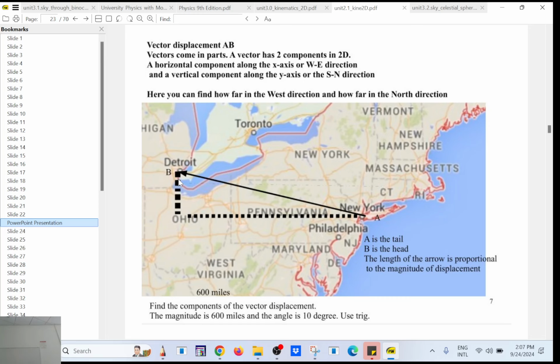So if you want to find the x component, that will be my vector here. X component, you're going to use the cosine. Y component is going to be the sine. Is that clear?